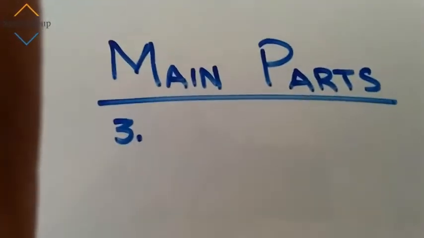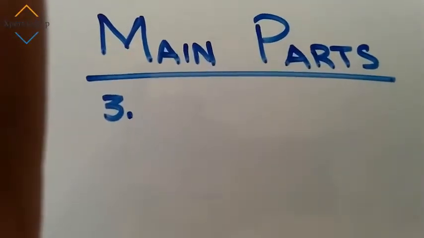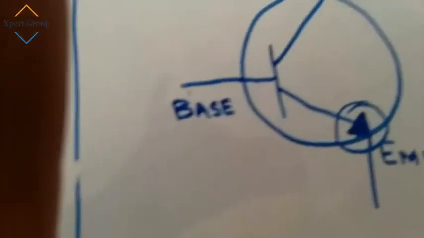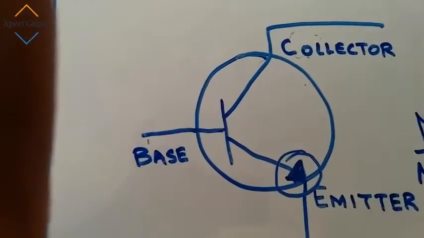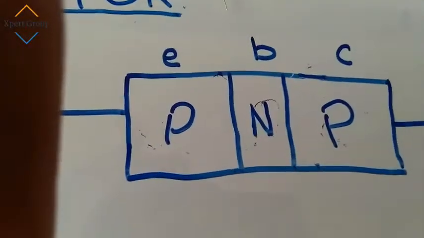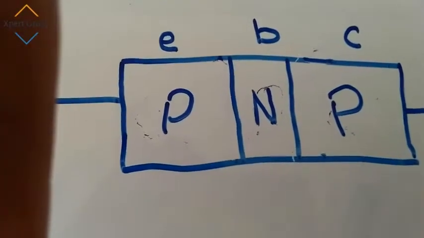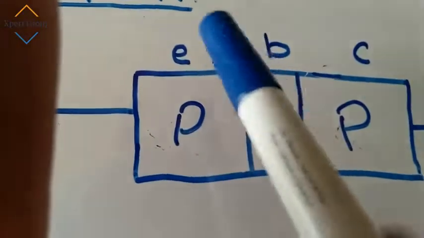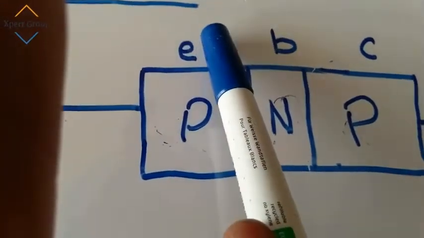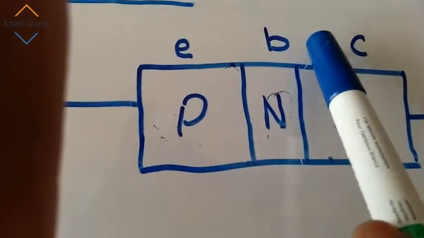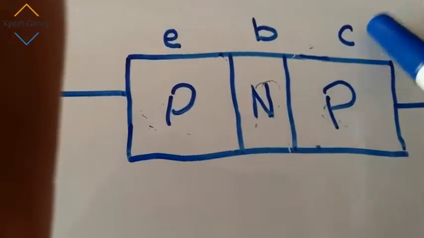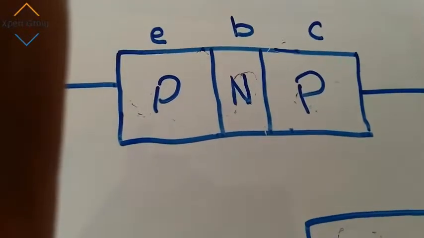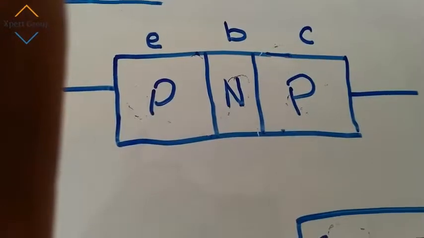Now coming to the main parts of the transistor. Gentlemen, as I have told you earlier, there are three layers, PNP or NPN, and each layer has its own name. Number one is emitter, number two is base, and number three is collector. These three constitute the main parts of the transistor.